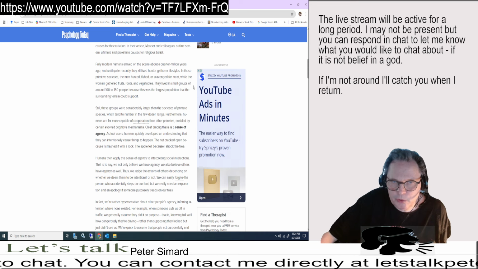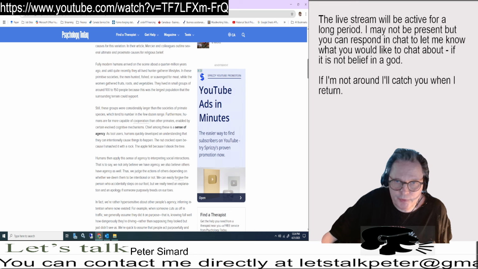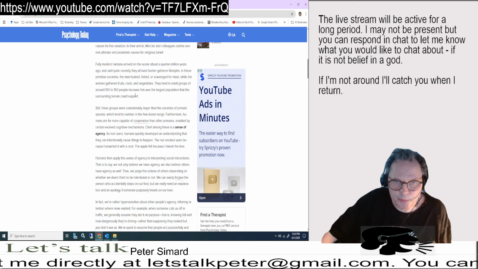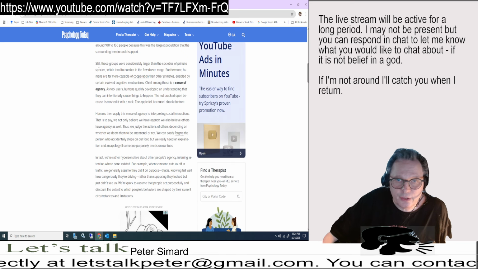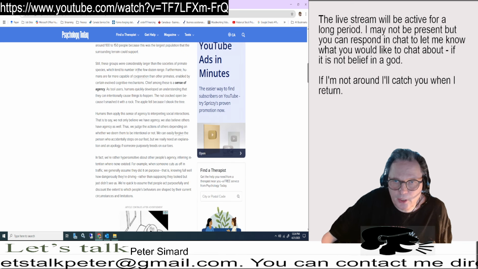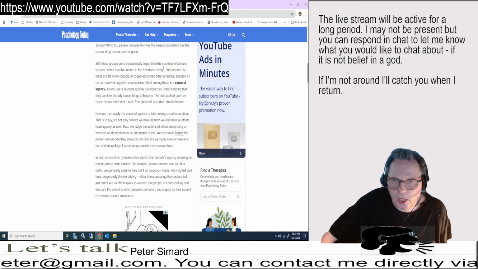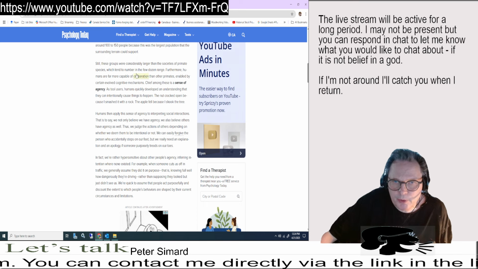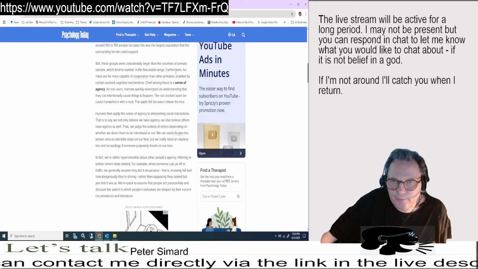They lived in small groups of around 100 to 150 people because this was the largest population that the surrounding terrain could support. Still, these groups were considerably larger than the societies of primitive species, which tend to number in the few dozen range.